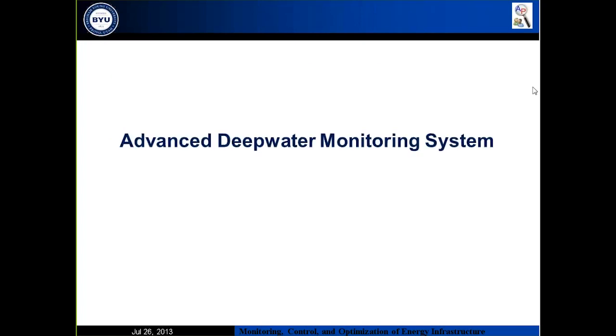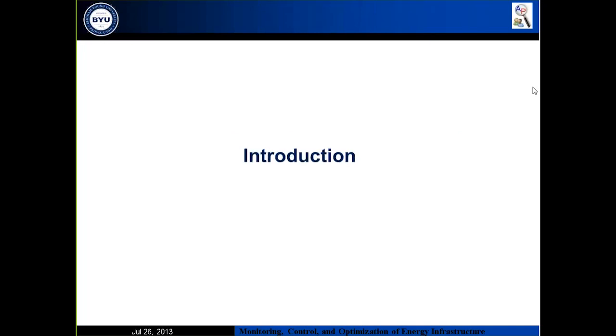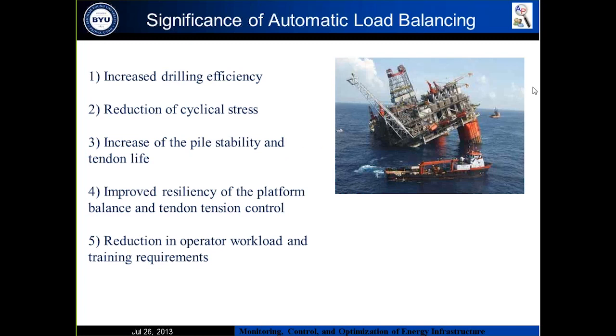Okay, so the second part of my work is about advanced deep water monitoring systems. First, in this part, we are trying to automate the load balancing of the TLP platform.